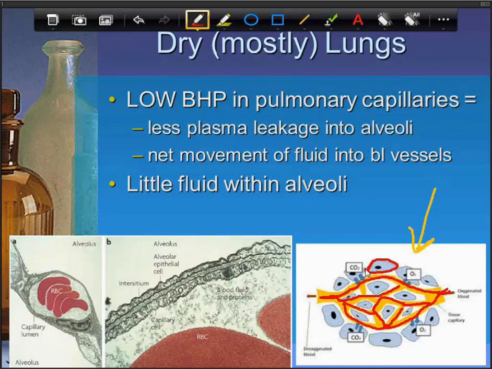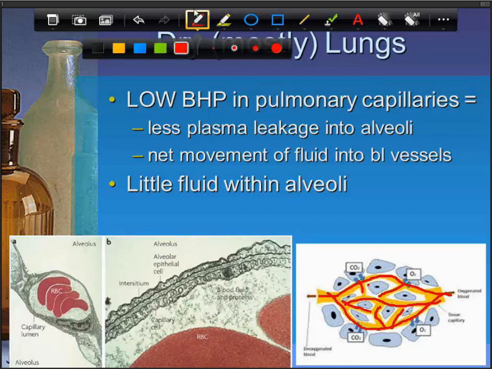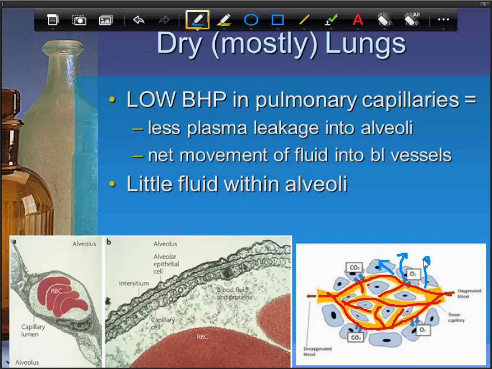The tissues, as you can see, are these cells out here. Okay. And that outward force is blood hydrostatic pressure. It's the outward force. So that force, let me change to maybe blue. Blood hydrostatic pressure is pushing fluid outward into the interstitial spaces, okay?